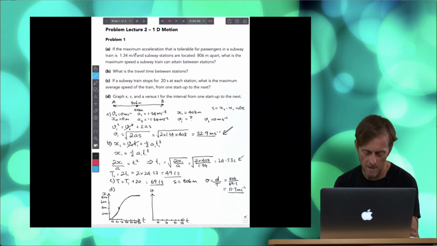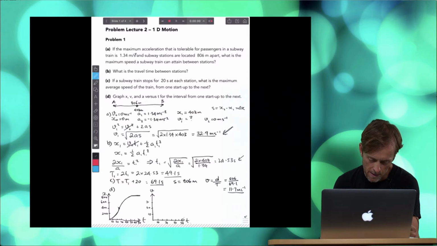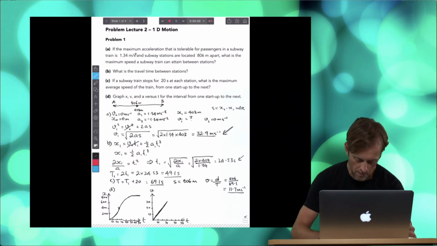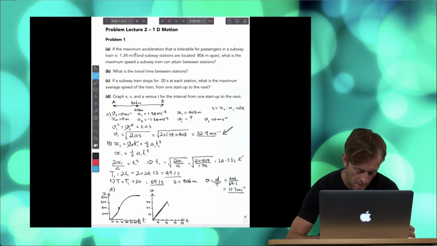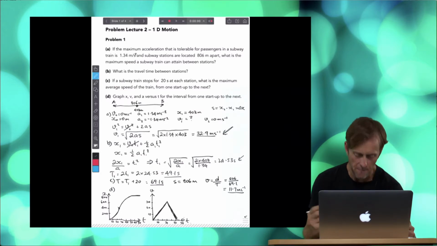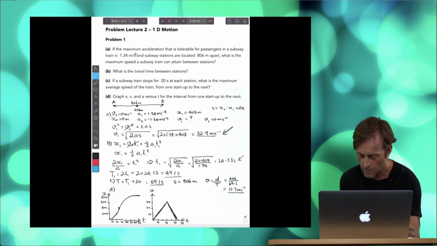So the maximum we reached to was about 30 something, so that's 10, 20, 30. So in 25 seconds, we accelerated in a constant fashion, so our velocity changed linearly up to around here somewhere. And then in the next 25 seconds or so, we decelerated at the same rate, like this, roughly. So same slope, but in a negative direction. And then our velocity was 0 while we sat in the station.